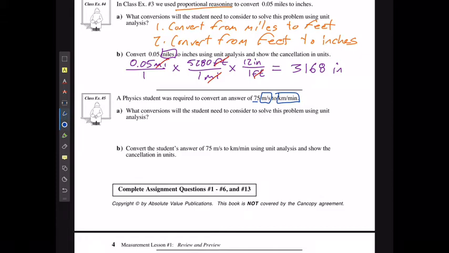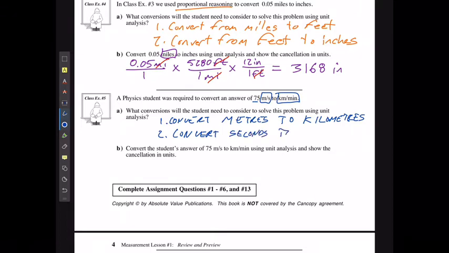Well, now I'm going to need to convert my meters to kilometers on the top, and I'm going to have to convert my seconds to minutes on the bottom.